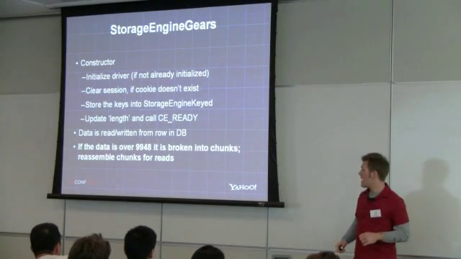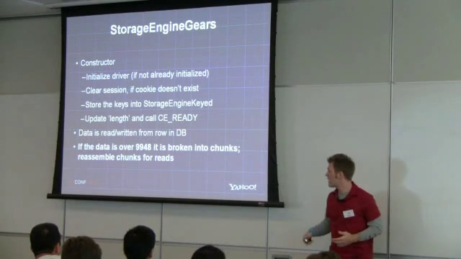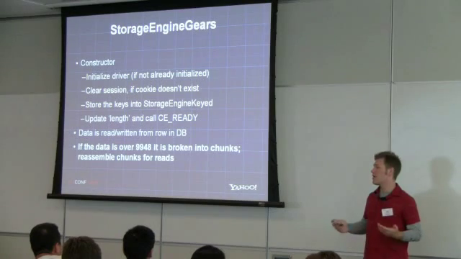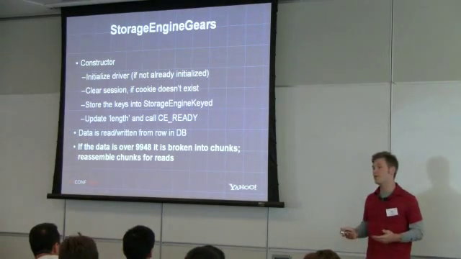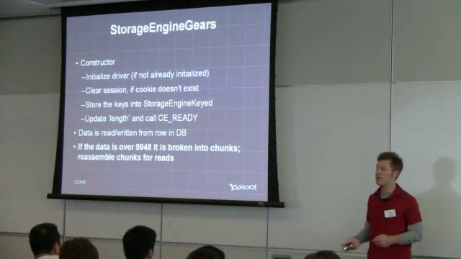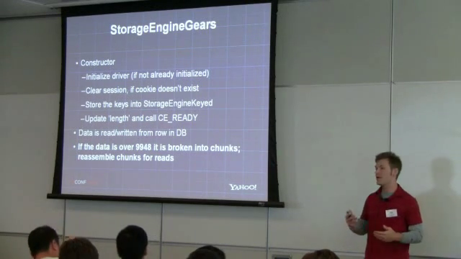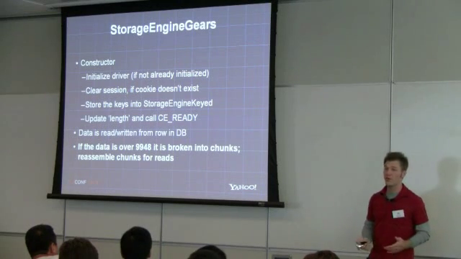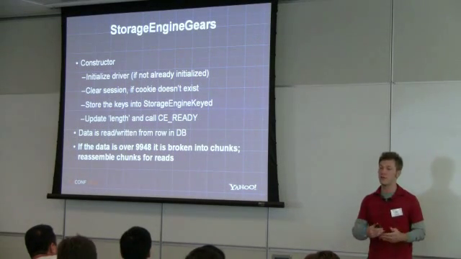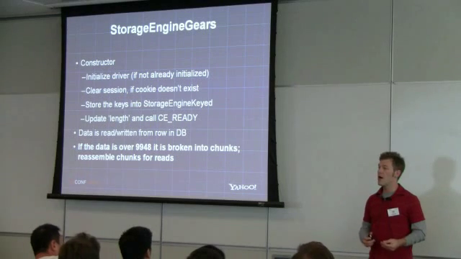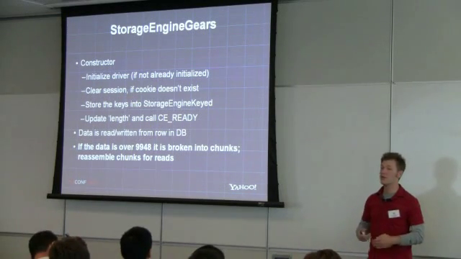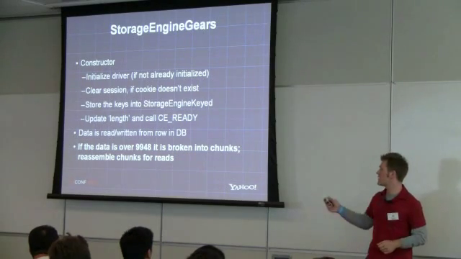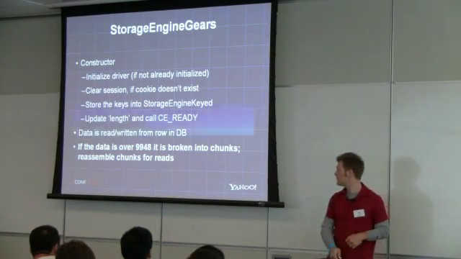And any data that's over 9,948 characters, the database can handle up to 10,000 characters per query. And when you add in the insert statement and whatnot, that leaves 9,948 characters available to us. So anything that's larger than that has to be fragmented, as I mentioned earlier. And when we return the data to you, we'll put all those fragments back together. So you won't have to worry about it, but that is what happens behind the scenes.